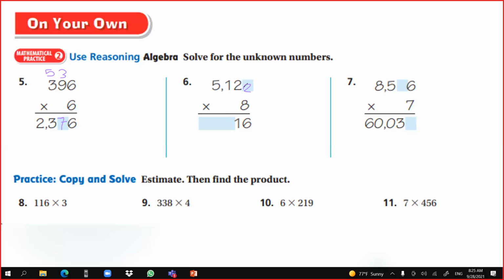Then 2 times 8 is 16. So 6 up and 1 down. Then 8 times 2 plus 1, 17. So you're gonna now write 7 down. But what's the number that's written down? It's 1. So that means it's not 2. You have to put another number. Think about it.